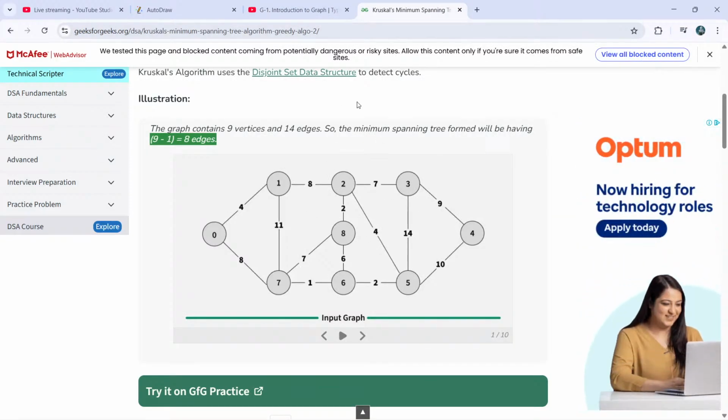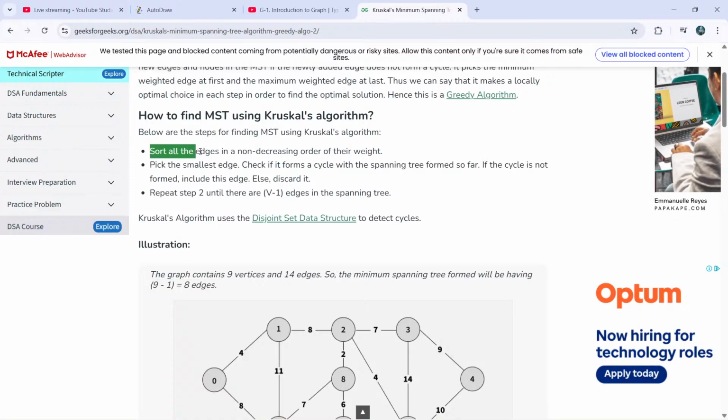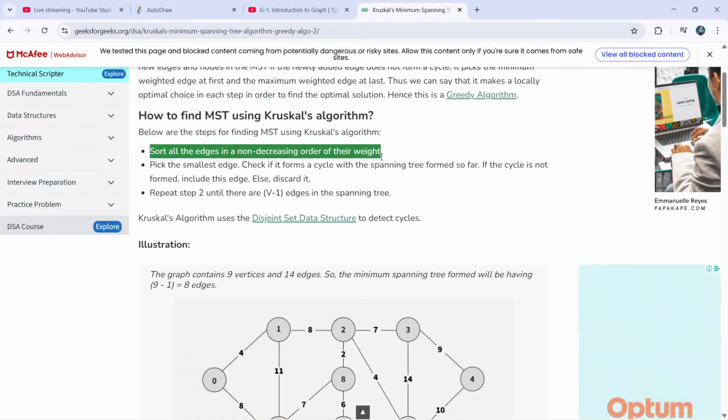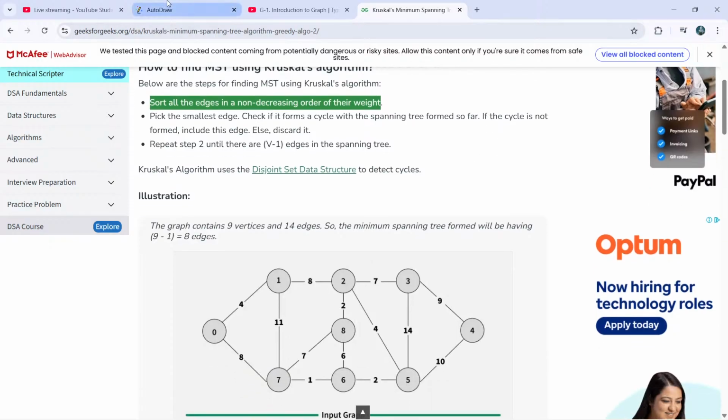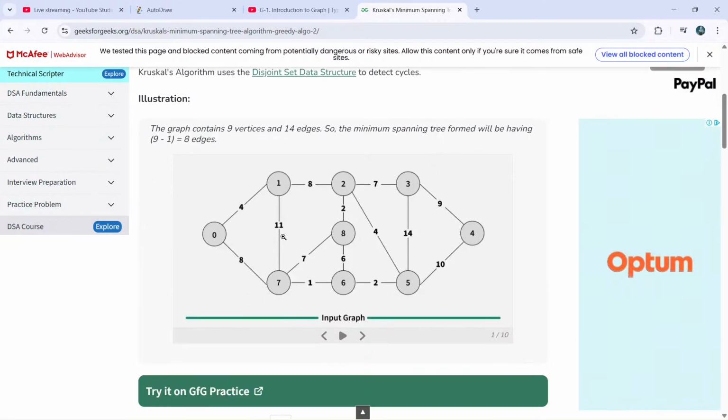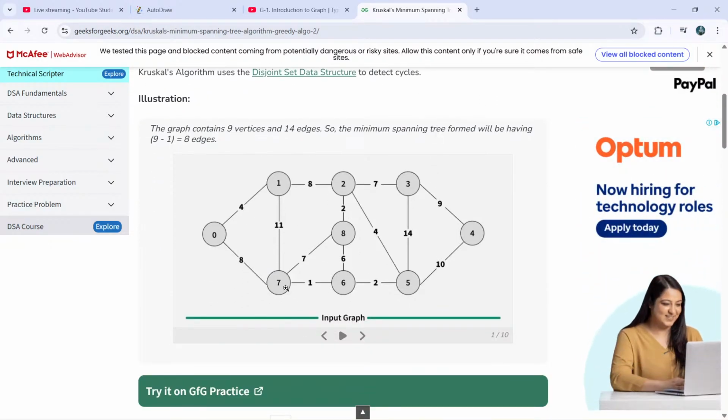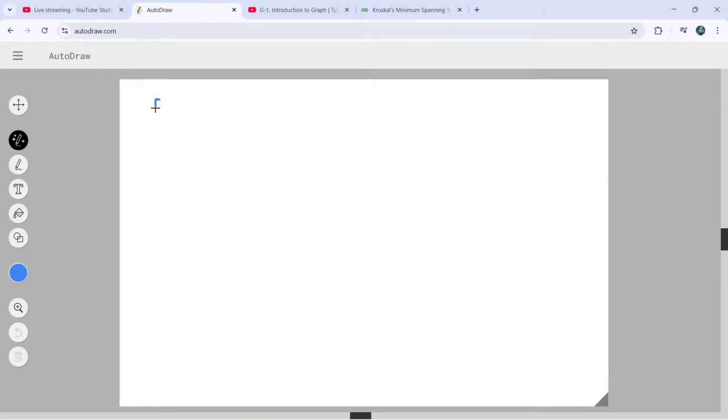So what is the first step? Sort all edges in non-decreasing order of their weight. Increasing order, right? So minimum weight is between 7 and 6. 7, 6 and the weight is 1.